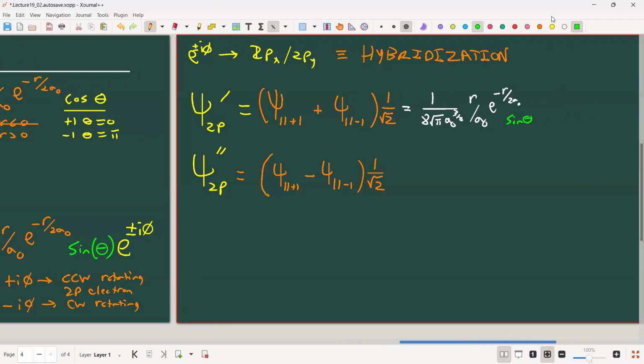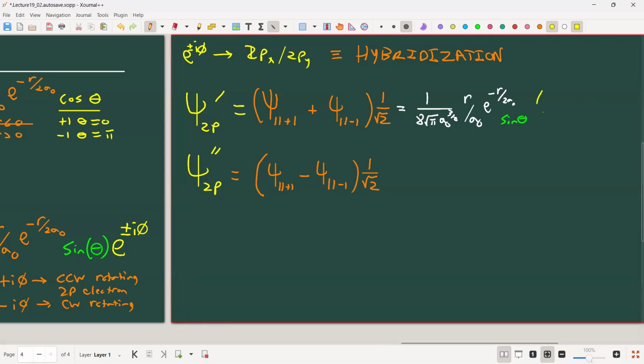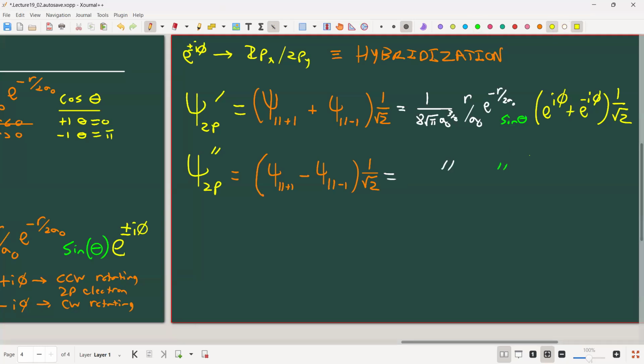And then what I have now is e to the i phi plus e to the minus i phi times 1 over the square root of 2. Okay, so I'm just adding them. And again, on the other one, I get the exact same thing, but the only difference is e to the i phi minus e to the minus i phi times 1 over the square root of 2. Okay, so all we have to do is figure out what these sums and differences are.